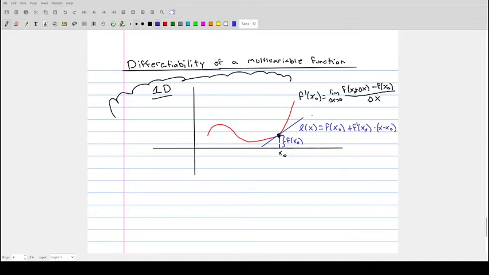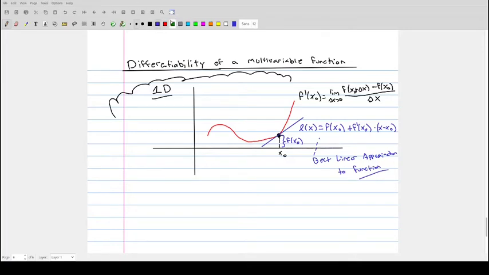So the slope of this tangent line is exactly f prime. But if this limit exists, then this L of x is the best linear approximation to the function.